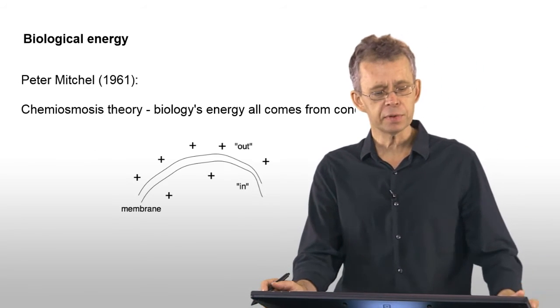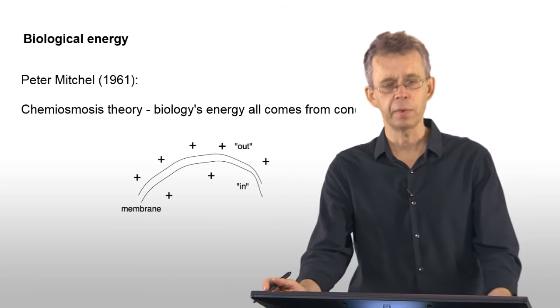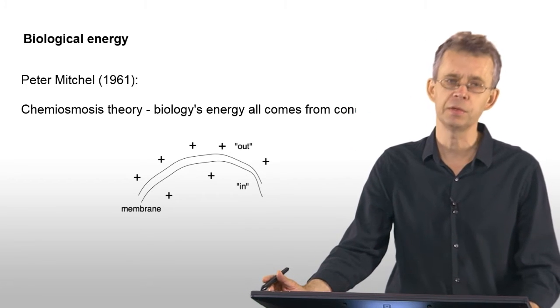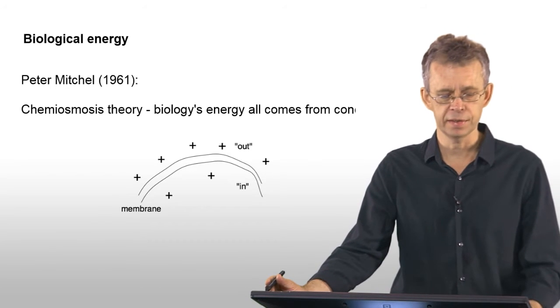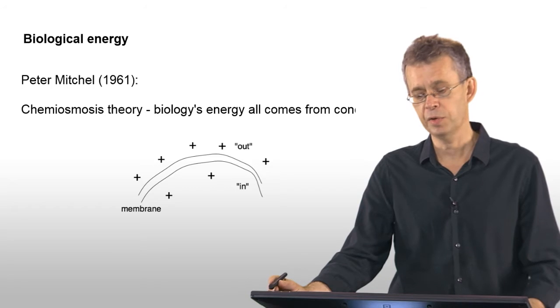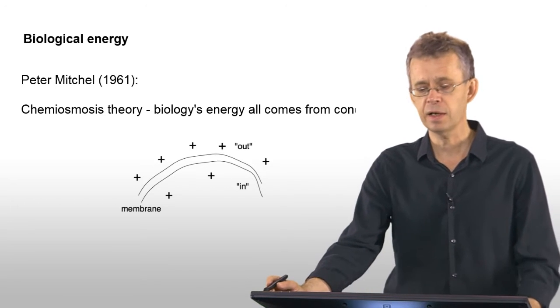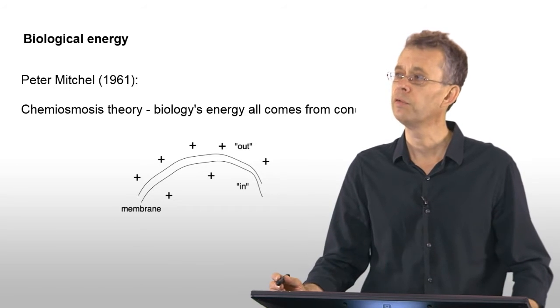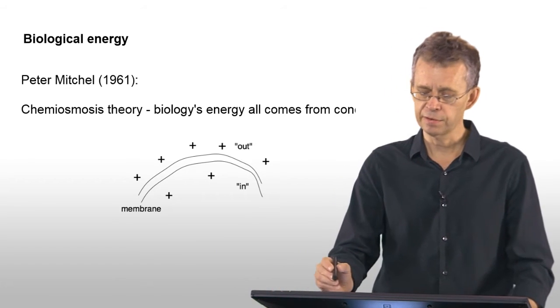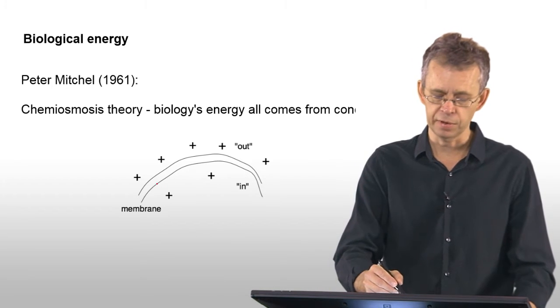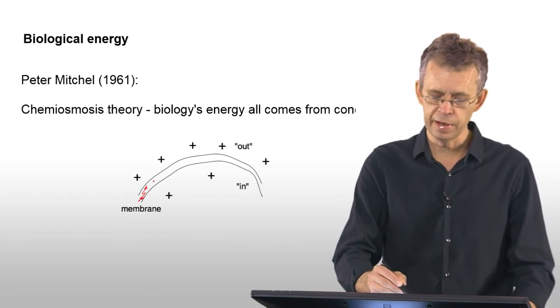It became possible to understand the origin of biological energy when Peter Mitchell in 1961 formulated his chemiosmosis hypothesis, which proved to be correct, and it states that all biology's energy comes from the gradient of concentration on the membrane of the cell. So here we have the membrane.